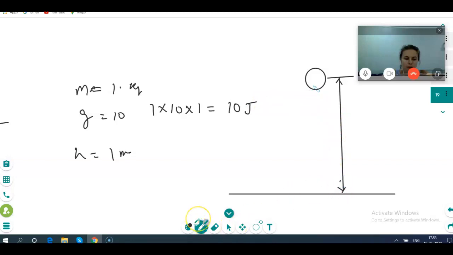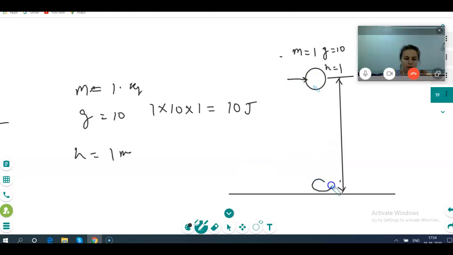Now acceleration we will forget about for the time being. Here the mass m is equal to how much I have told you? 1, g is equal to 10, h is equal to 1 meter. Correct? I have just left it.